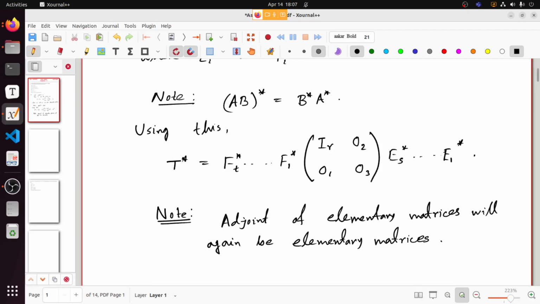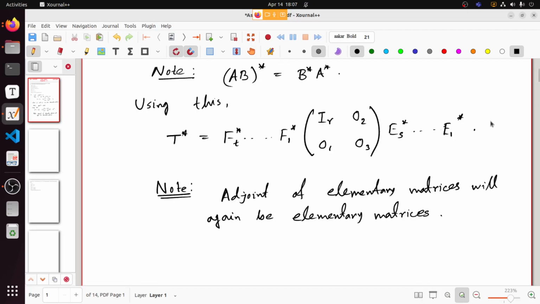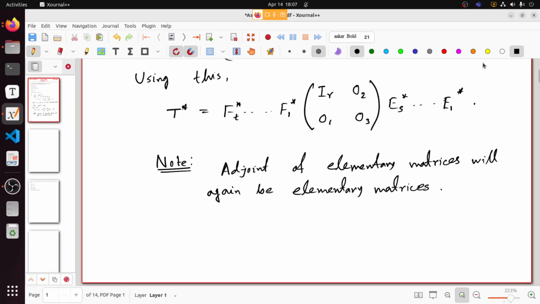This we will prove shortly. So these are again elementary matrices.